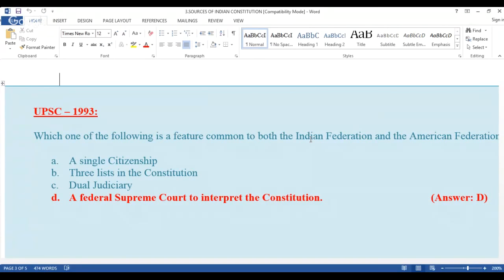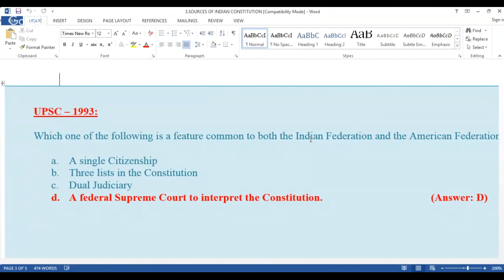Look at this. Single citizenship? No. Three lists in the constitution? No. Dual judiciary is no. And a federal Supreme Court to interpret the constitution. In India, we don't have the dual judiciary. In India, we have integrated judiciary.